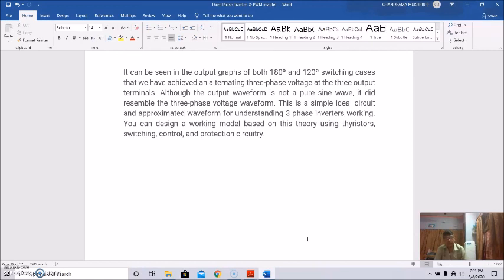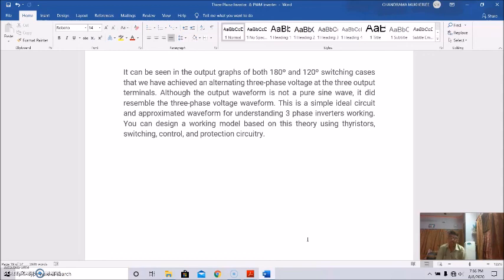And if, after listening to these lectures, you go through your textbook and read it carefully, I hope you will understand the entire operation and the sequence of operations in both 180 degree and 120 degree conduction modes as well. And besides that, if you have any problem, we can discuss.